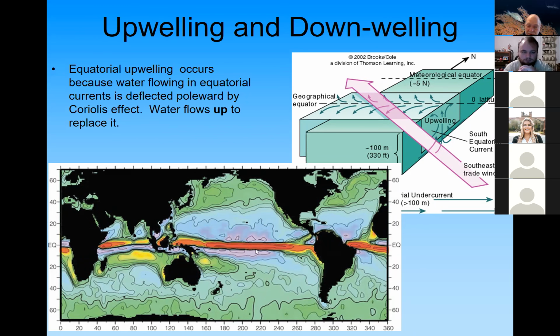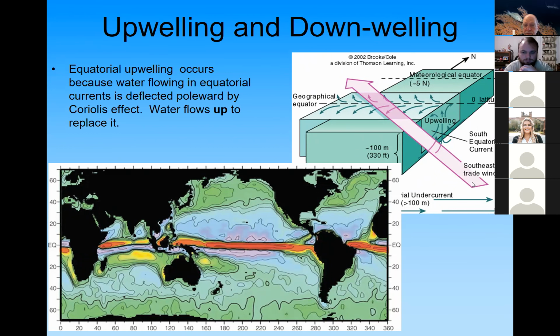But that effect goes to 0 at the equator because the Coriolis effect goes to 0 at the equator. So that means that the displacement of water, the deflection of water to the right at right angles to the wind, is more intense on either side of the equator than it is at the equator itself. Okay? So that means that there's a divergence of water relative to the equator.